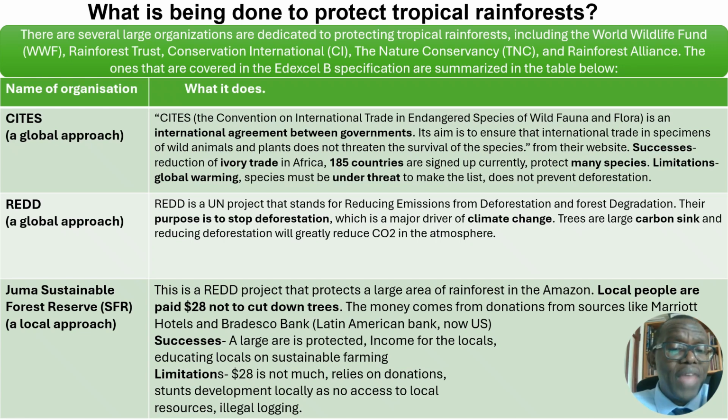That basically means that when we cut down trees, we are exacerbating climate change. And that is because the trees take in carbon dioxide and give off oxygen. So if we cut down the trees, we will have a lot more carbon dioxide in the atmosphere, and that will lead to climate change or global warming.